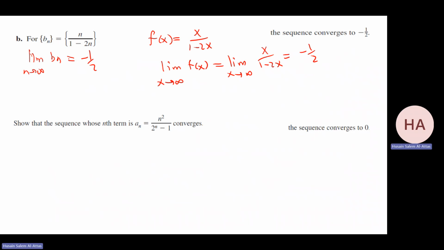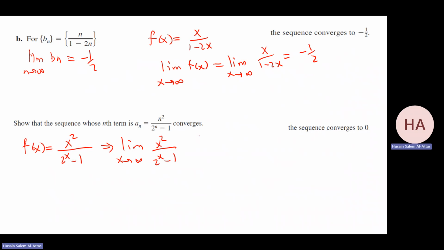But find this limit. So my f of x will be x square over 2 to the power x minus 1. So I need to find this limit, x goes to infinity of x square over 2 to the power x minus 1.